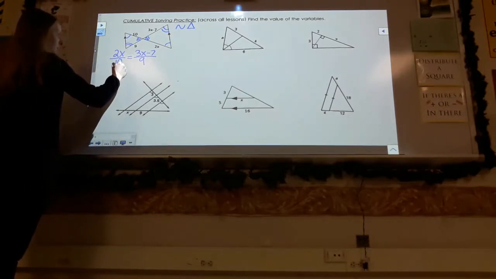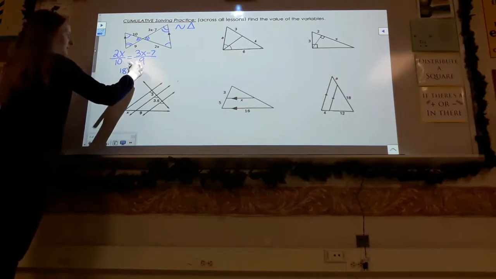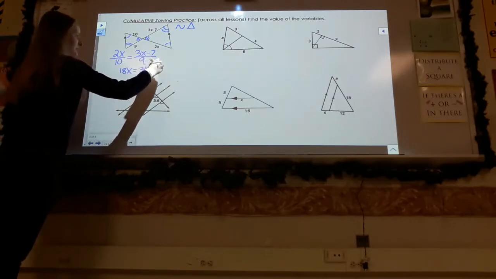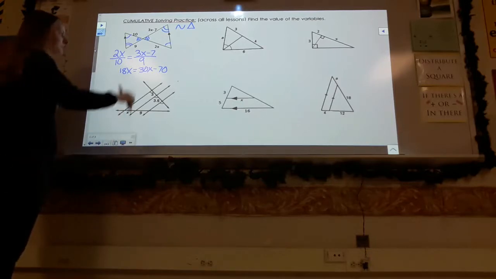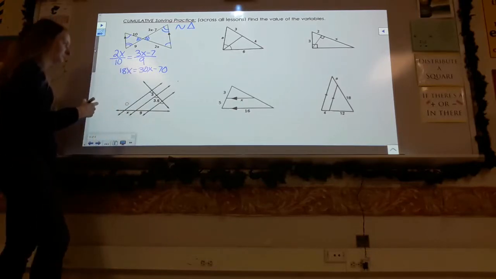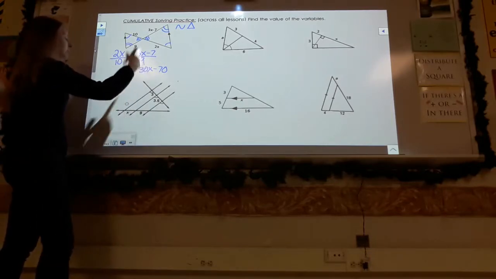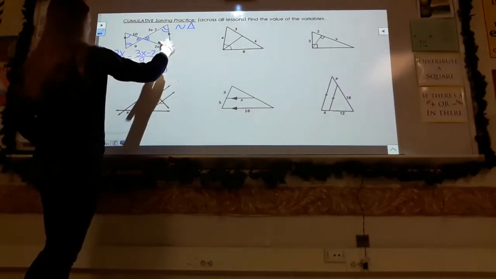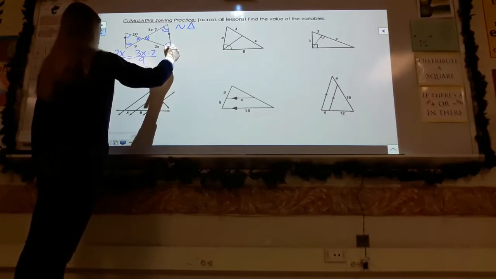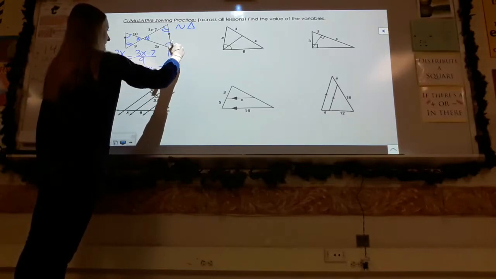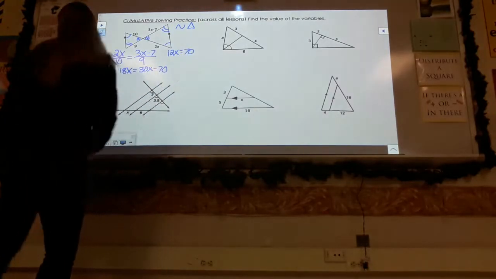So this would be 18x equals 30x minus 70. If you subtract this over, no, I'm going to go the other way. Well, regardless of what direction you go in, you should get 12x equals 70.